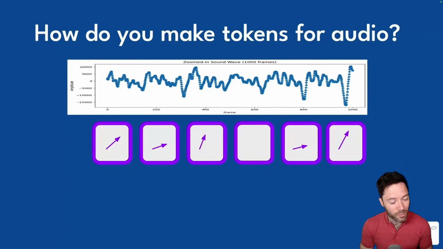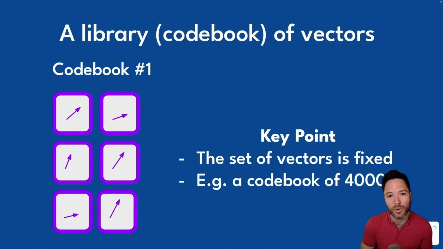So the first question then is, how do you make tokens for audio? How do you take a sound wave like this, and represent it in terms of discrete tokens rather than continuous frequencies or sound waves? And the answer is, you can represent audio, or a little piece of audio, as a choice from a codebook.